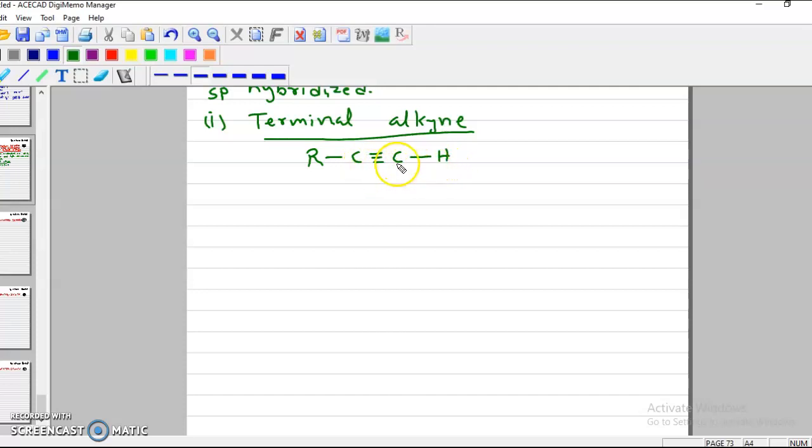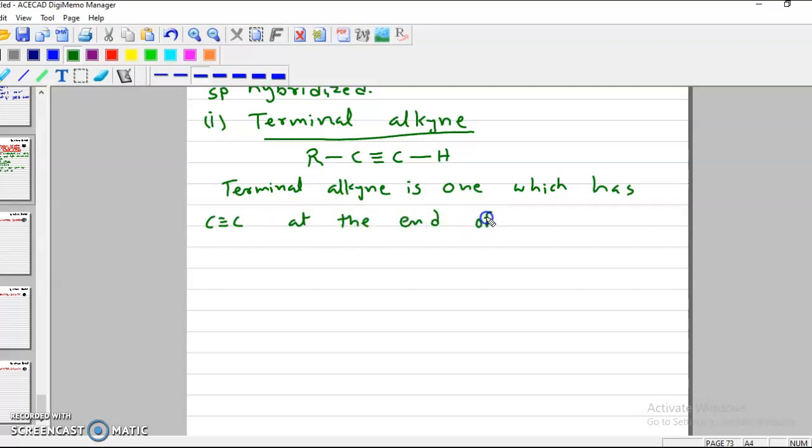That means this C triple bond C will be on the first carbon, at the end. So this terminal alkyne is one which has C triple bond C at the end of a chain.